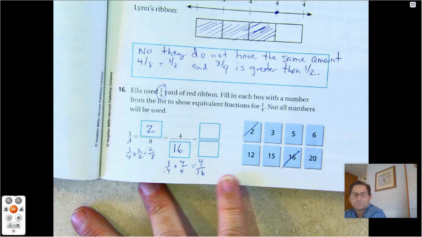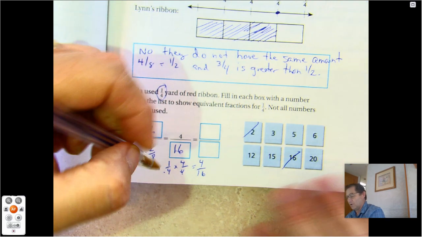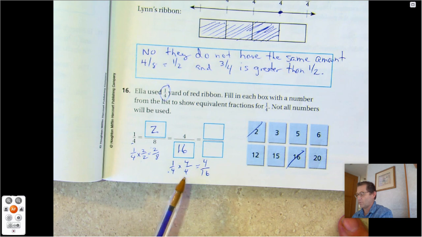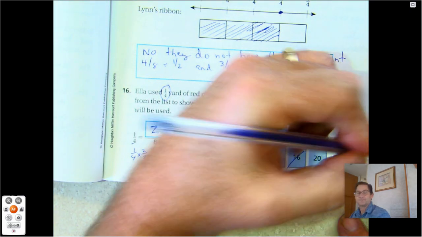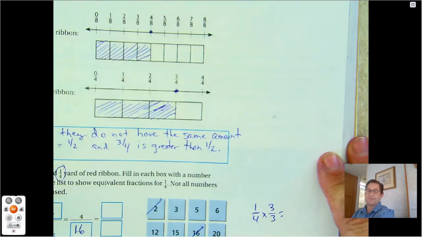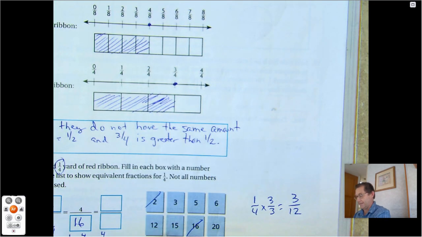Now, we have to see which ones would work next. So here we've multiplied by 2/2, 4/4. Let's try 3/3. Let's multiply it by 3. That would give me 3/12. Are those options? Yes. So I can put 3/12 there.